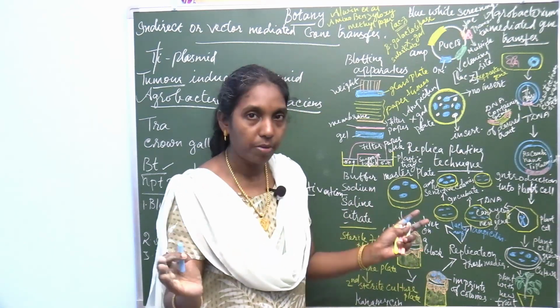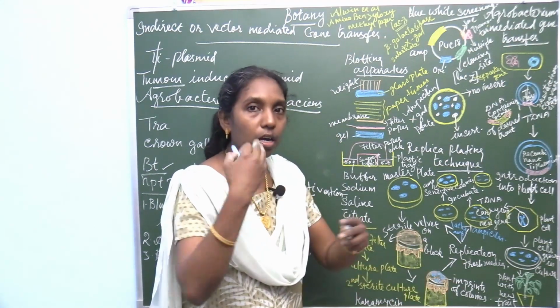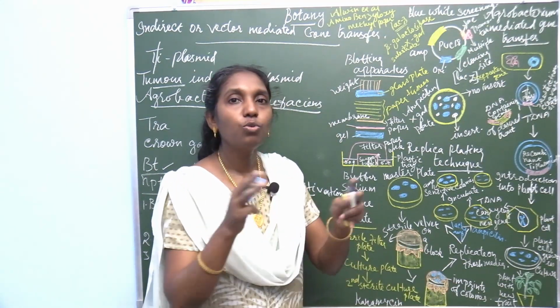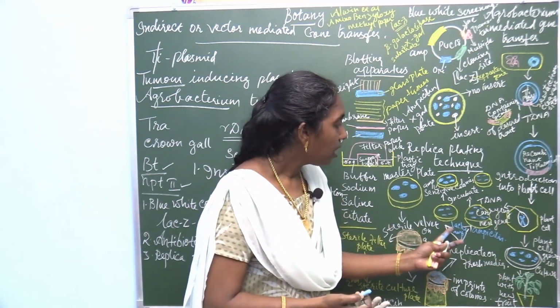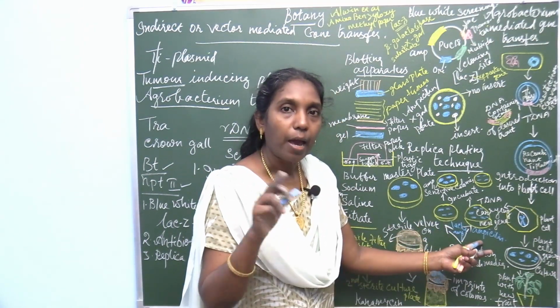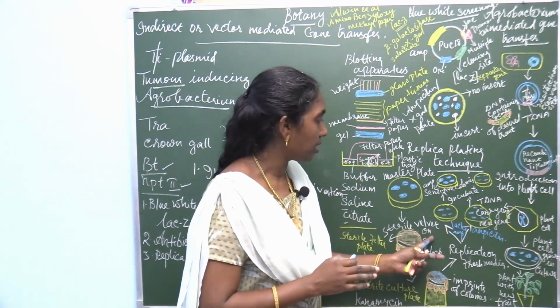So two culture media are selected. The imprints of colonies are allowed to replicate in two different culture plates, one which contains ampicillin and another culture medium without ampicillin.